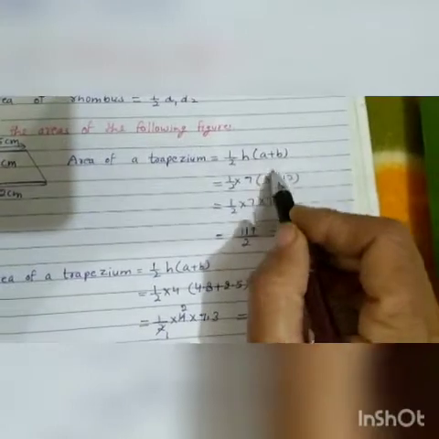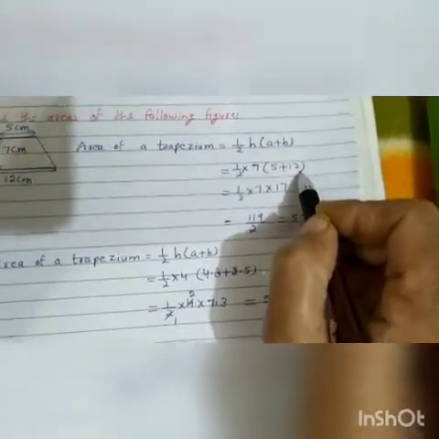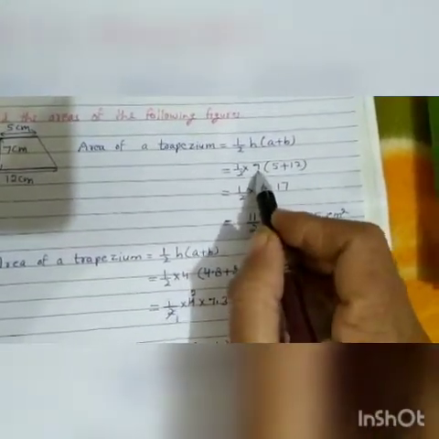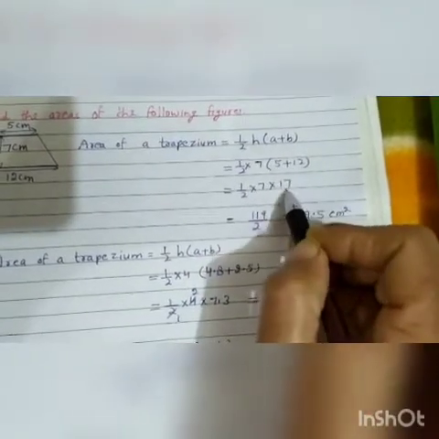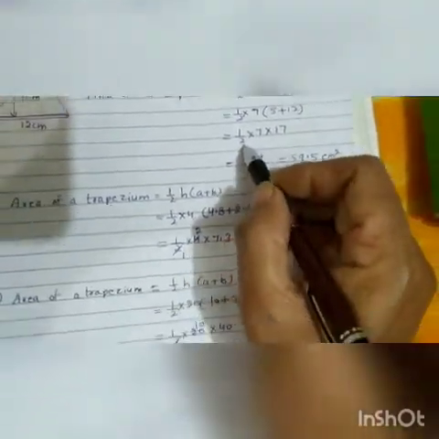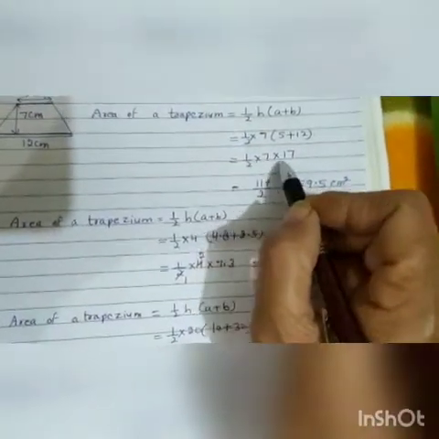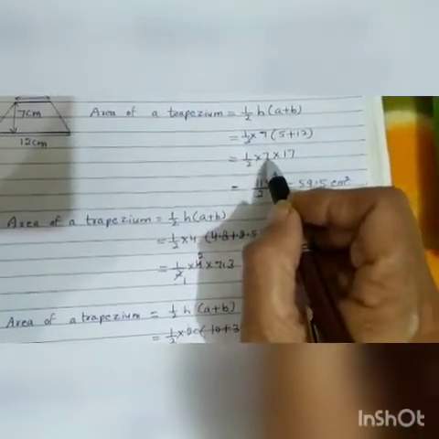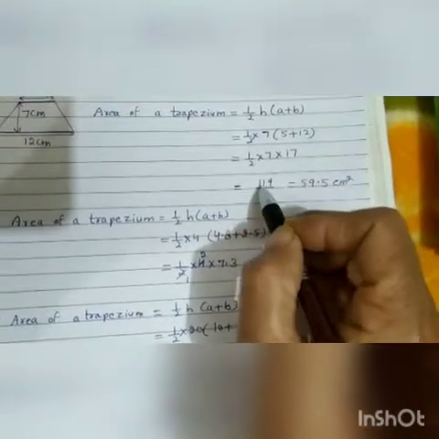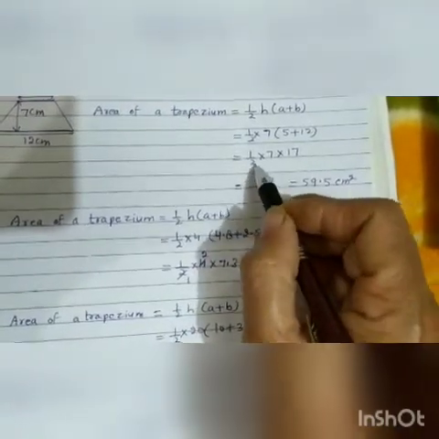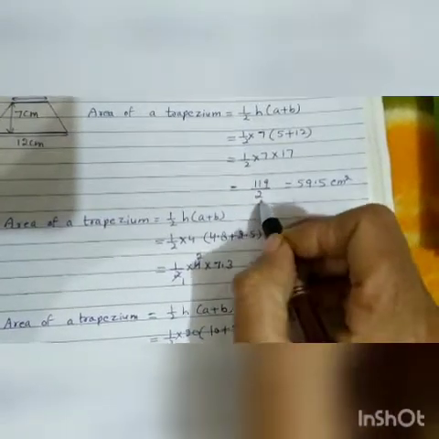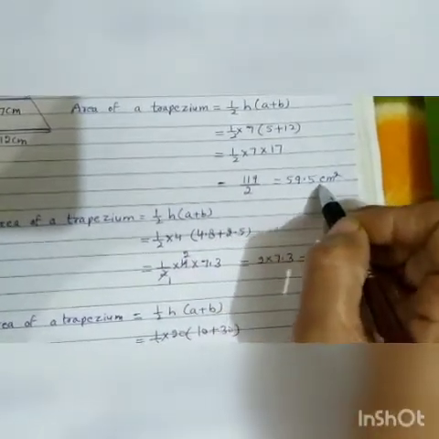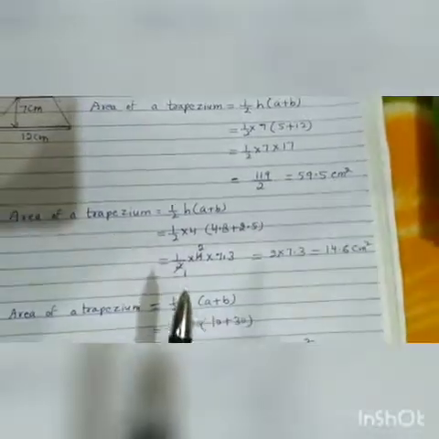So (5 plus 12), close the bracket. First we will add these two parallel sides: 12 plus 5, 17. Now we cannot simplify 7 or 17 by 2. So first we multiply 17 by 7, that is 119. 119 upon 2. Now we divide 119 by 2. We get 59.5 square centimeter.